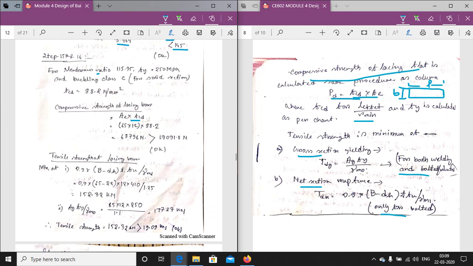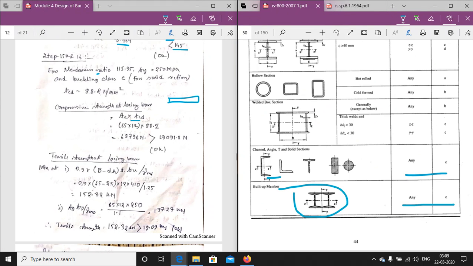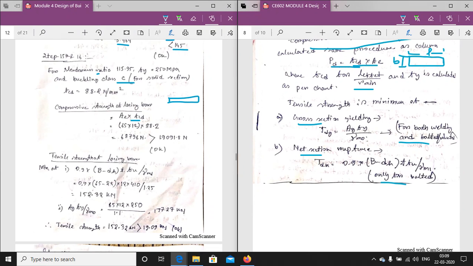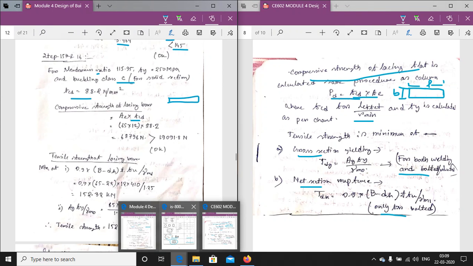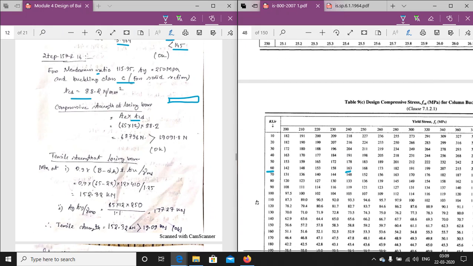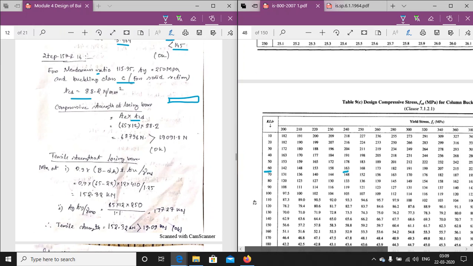Now lacings are solid members, and for all solid members the buckling class is equal to C. So putting the buckling class value of C, we get Fcd from the code, from chart C, the value for buckling class C. For 115.95, it will be between the tabulated values, so we get a value of 88.2 by interpolation.